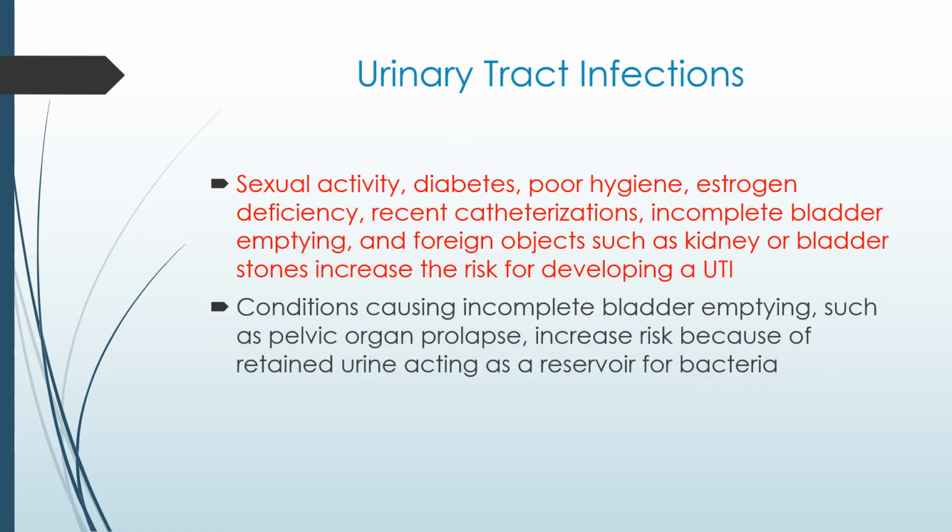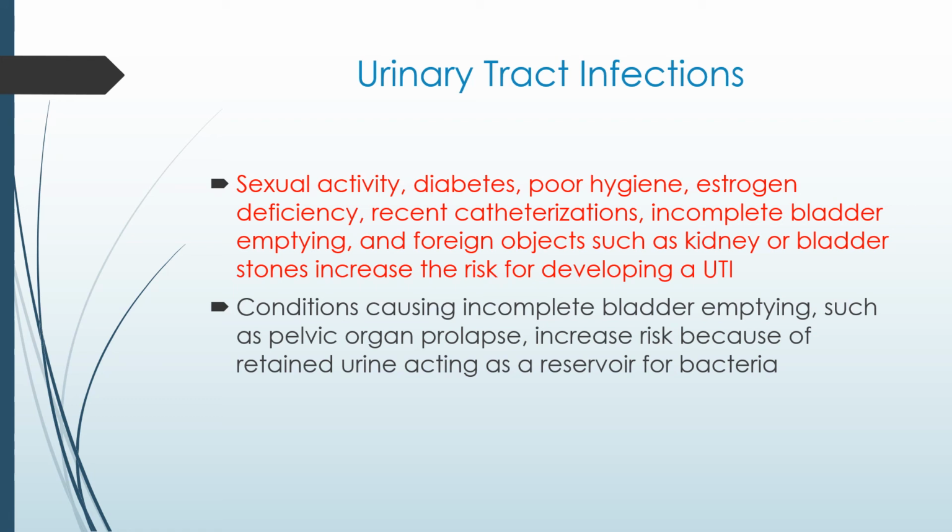So, listen up, ladies and gentlemen, and then listen up one more time. Sexual activity, diabetes, poor hygiene, estrogen deficiency, recent catheterizations, incomplete bladder emptying, and foreign objects such as kidney or bladder stones will increase the risk for developing a UTI.